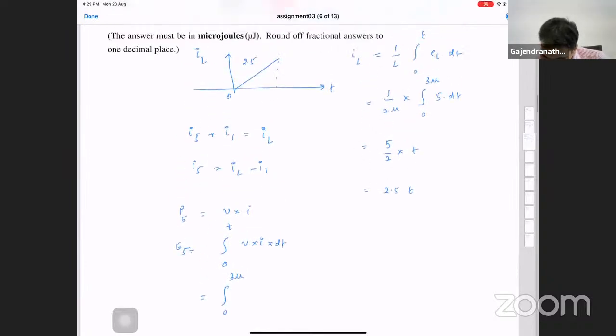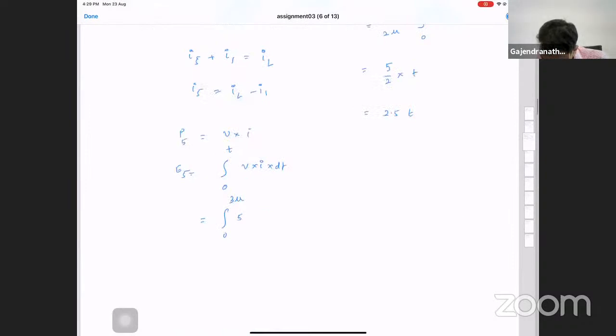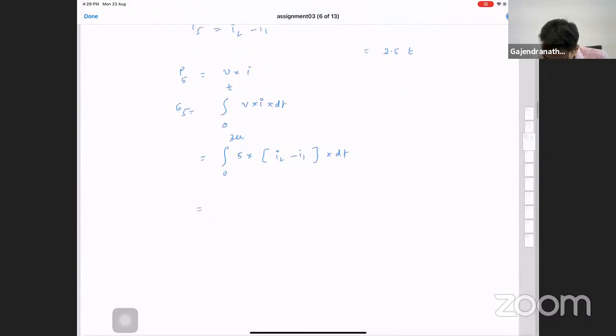What is the voltage? The voltage is constant here. And I have the current. The current is given by IL minus I1 into dt. So it's basically 5 multiplied by integral 0 to 3 microseconds IL dt minus integral 0 to 3 microseconds I1 dt. So I have to integrate this guy and this guy.